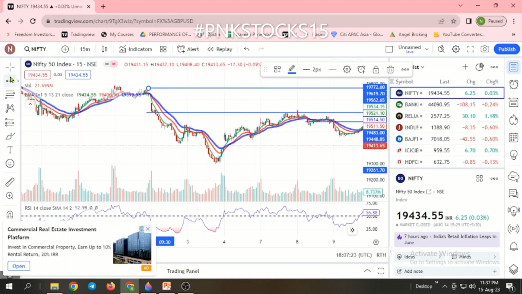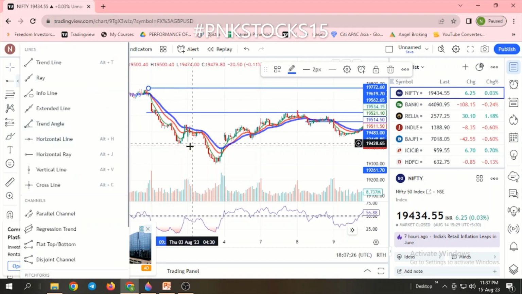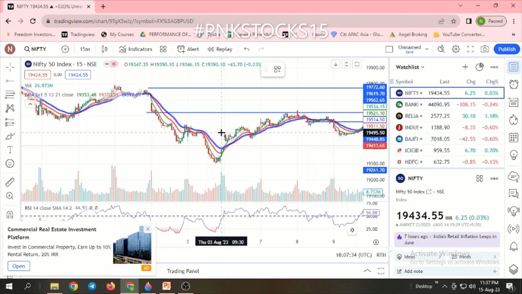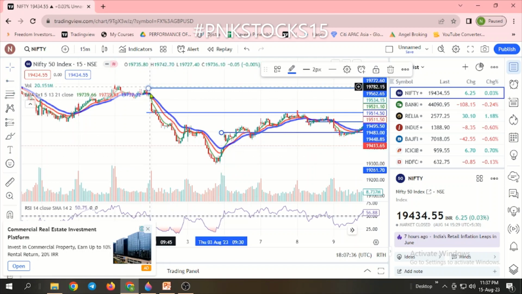Initial SL, your target, you would have trailed till the end of the day, or else your SL might have hit some barrier, or else you got 1:1, 1:2, or even 1:3.